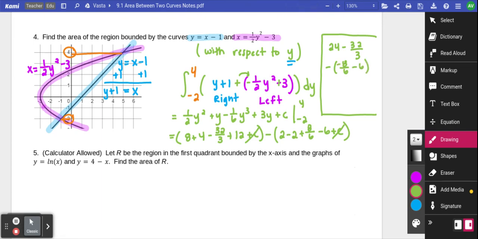When I distribute that minus, I get a negative and a plus. And so 24 plus 6 is 30. 32/3 is really 64/6. So -64/6 minus 8/6 is minus 72/6, which is really 12. So 30 minus 12, which is 18. And that's how I'd find the area of this shape right here.